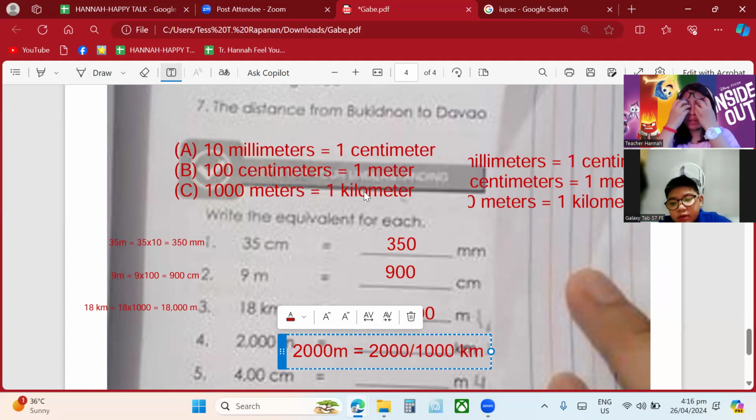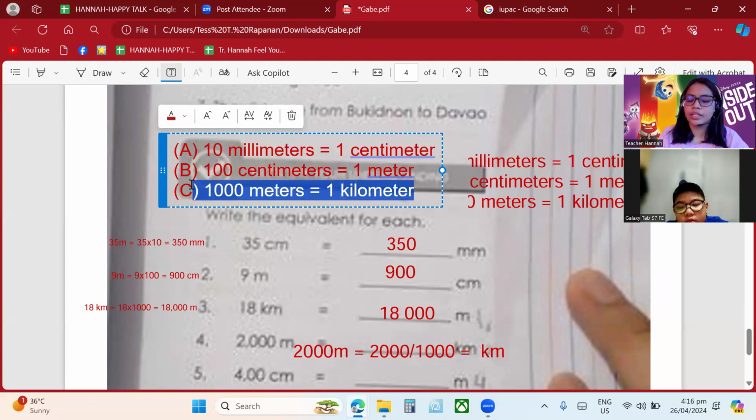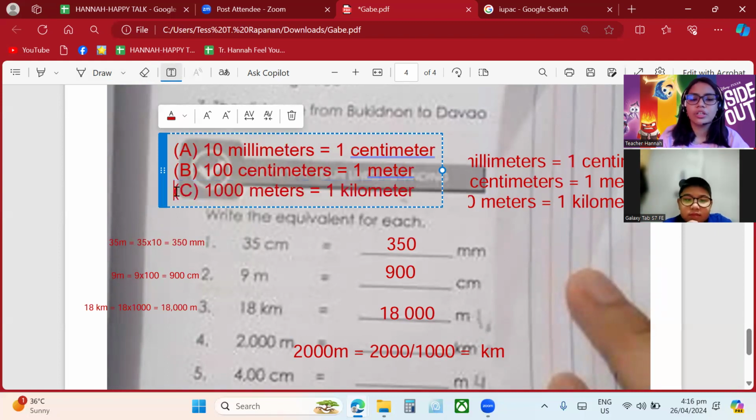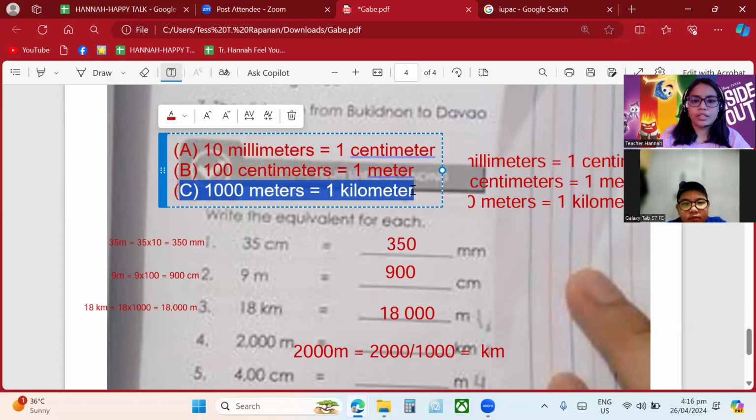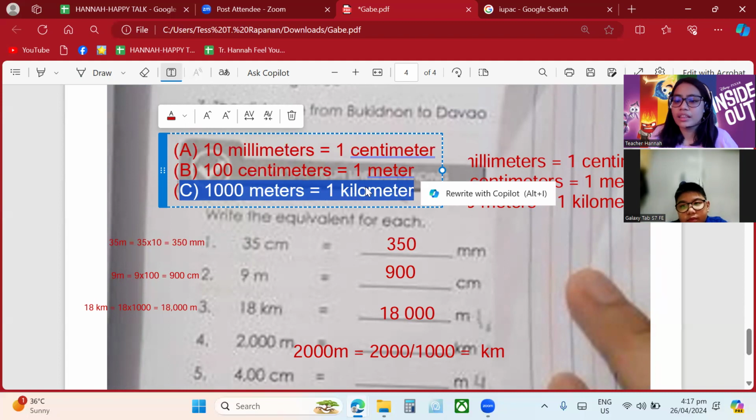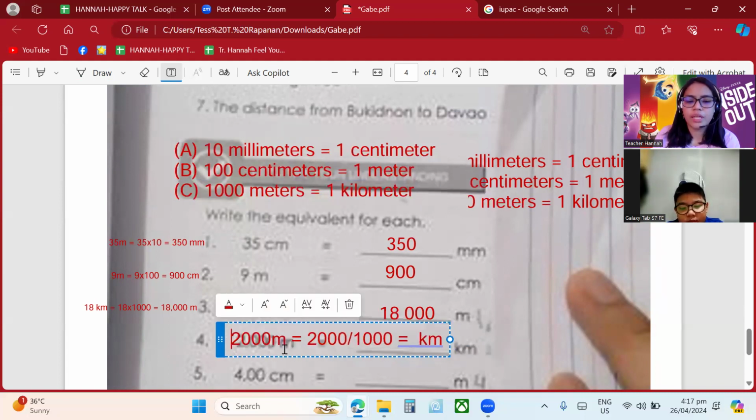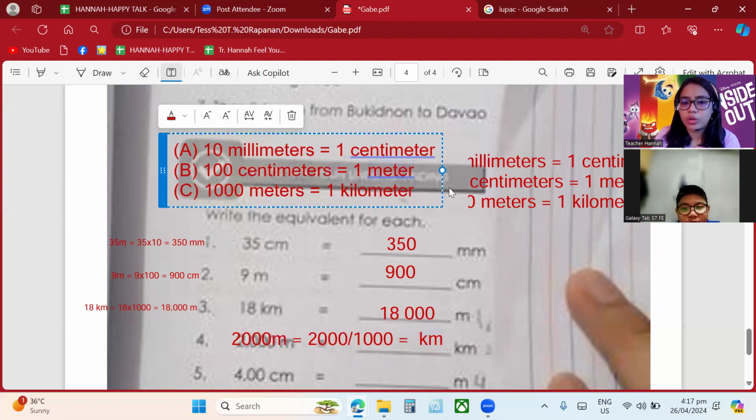2,000 divided by 1,000. Because we're looking at here, right? Yes. When you are looking at this conversion, only look at the numbers here. So when teacher asks, what conversion are we going to use? Look at that conversion only. Since we have meters and kilometers, what conversion are we going to use?